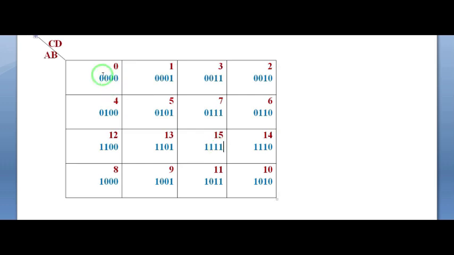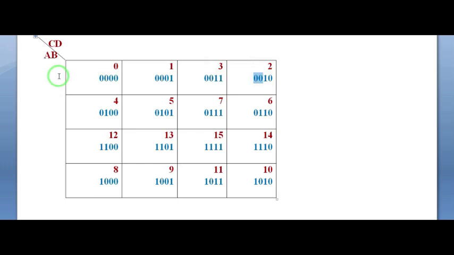Okay, then again here 0. The digital symbol 0 is used to represent the complement of a variable, while 1 is used to represent just only the variable. Okay, so here you can see, if I go for row number 1, in row number 1, column number 1, column number 2, column number 3, and column number 4, these two bits are common, 00, 00.